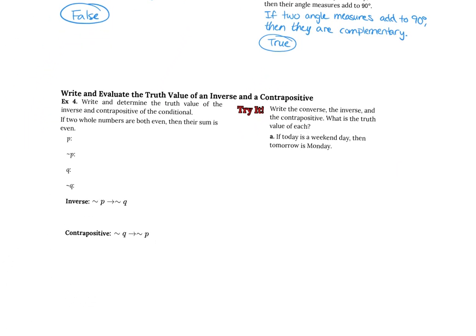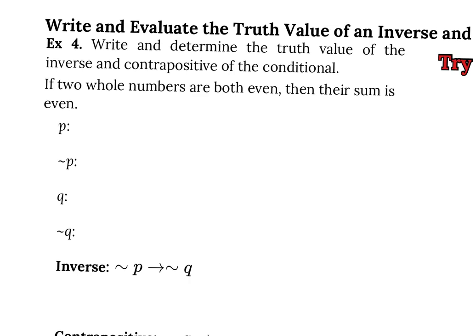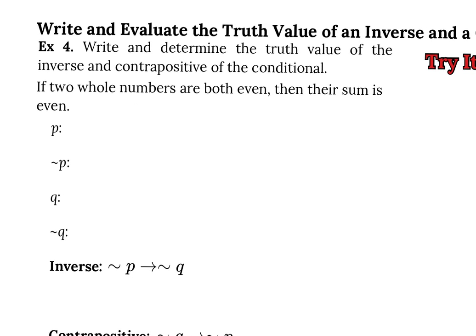All right, next we're going to write and evaluate truth values of the inverse and contrapositive. All right, so our statement is if 2 whole numbers are both even, then their sum is even. So our P is that 2 whole numbers are both even.